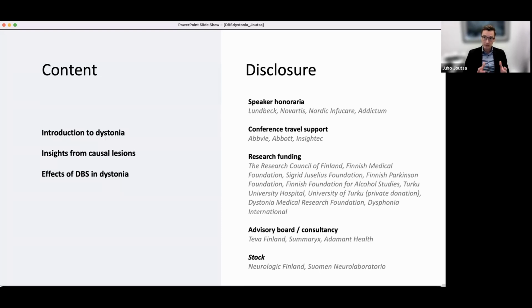Next, I'll go more deeply into the use of causal brain lesions and how to use these lesions to study the networks underlying different symptoms and specifically dystonia. And finally, about the neuroimaging studies in DBS.